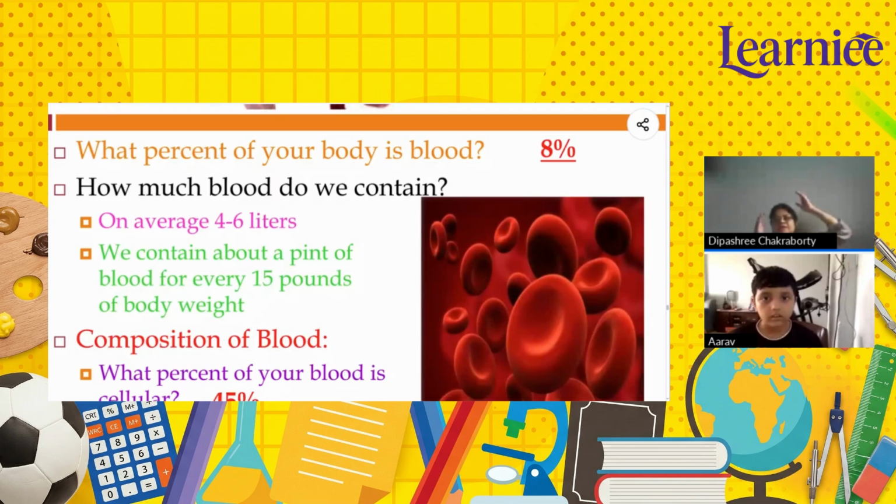Find out. Red blood cells. It's just written 3 types of blood cells: RBCs, WBCs, and platelets. The full form of RBC is not given here.